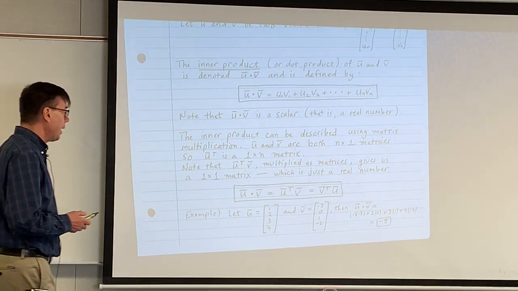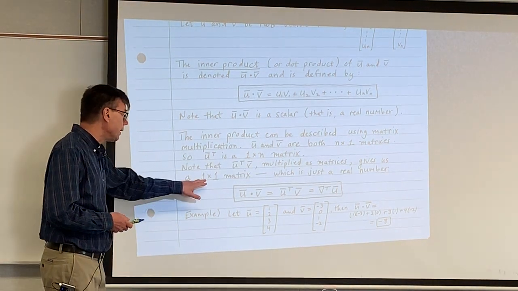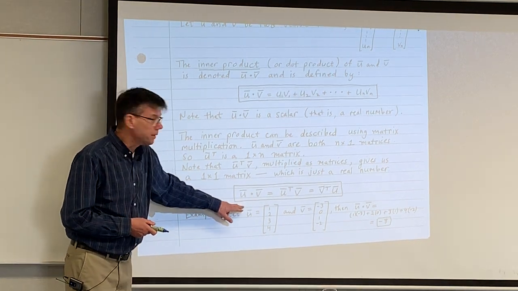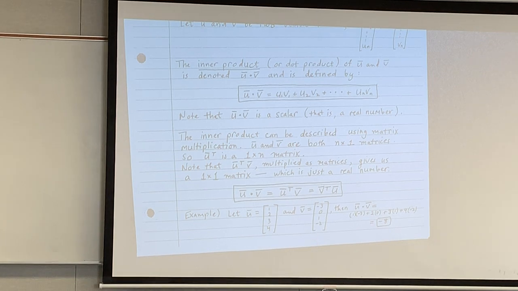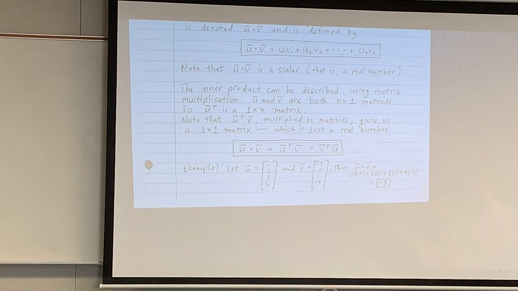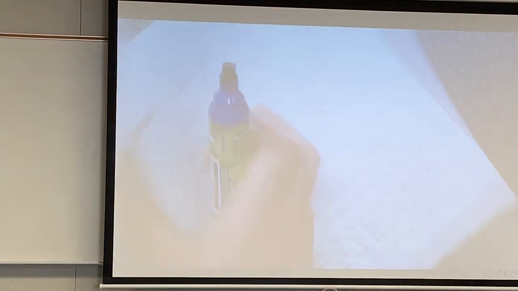So you're multiplying a 1 by n by an n by 1, and what you're going to get is a 1 by 1 matrix, which is the same thing as the dot product. I'm not going to use that transpose notation too much, but you might see it in the book. And there's an example where we go ahead and calculate. You'll see a whole bunch of these on the final, right? They'll just ask us to calculate the dot product. All right, so you guys are familiar with that.